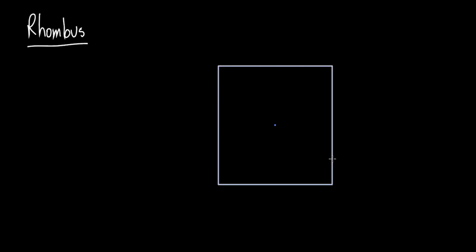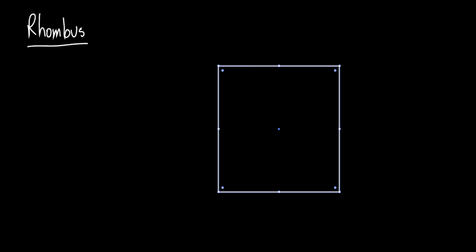Third one is a rhombus. We're going to find the area of a rhombus. Now, if the rhombus was a square, it'd be really easy to do, right? And we've already talked about it. But is every rhombus a square? No. So let me try my best to draw a rhombus here.